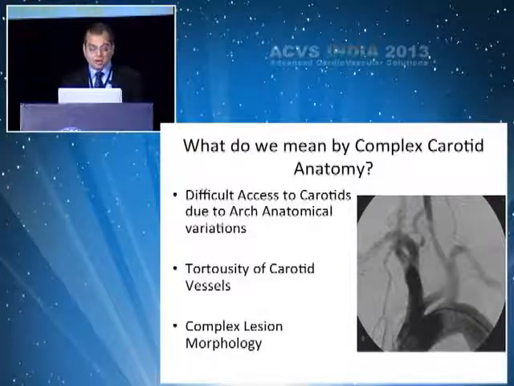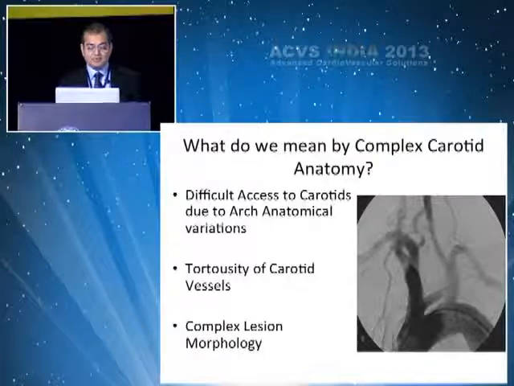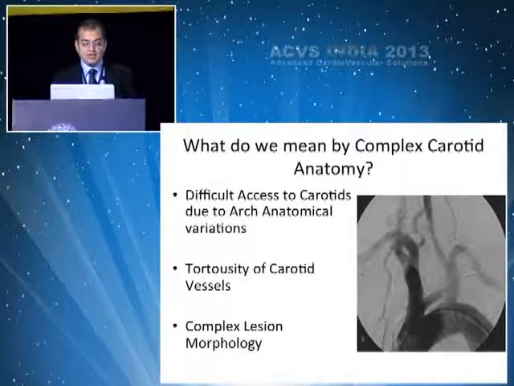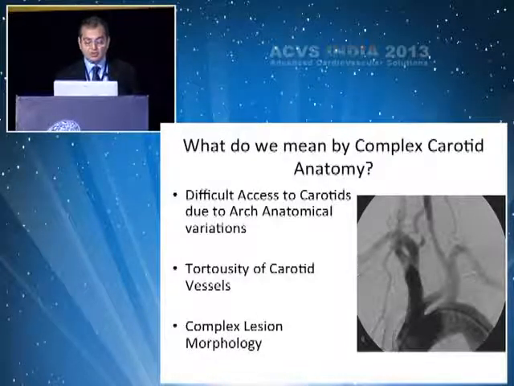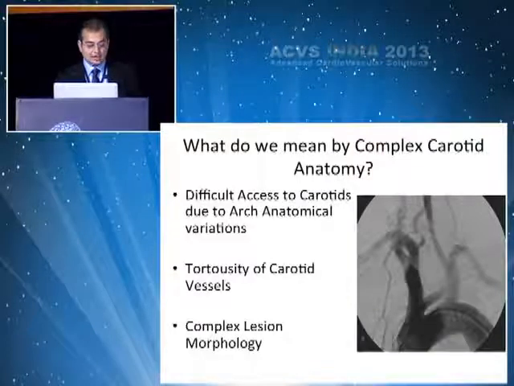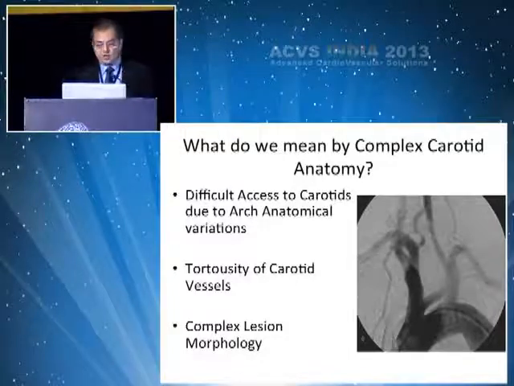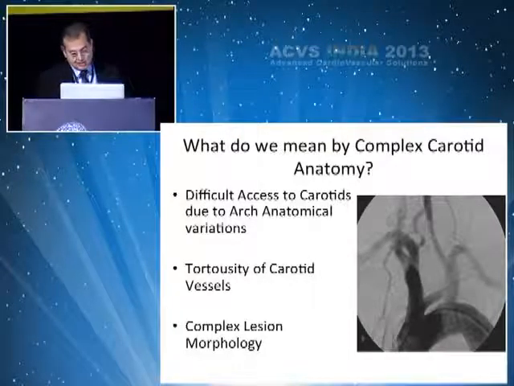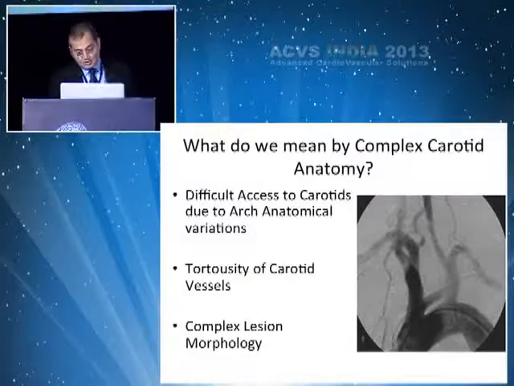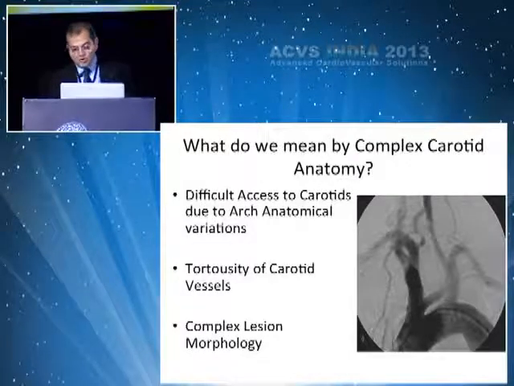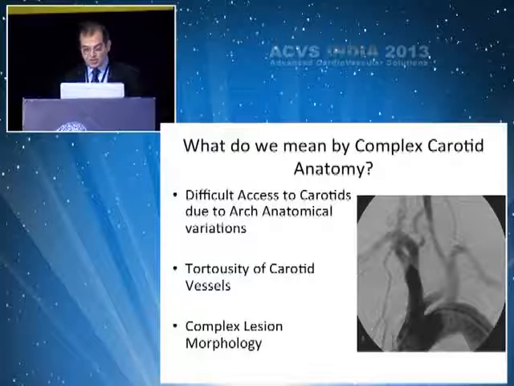So, in any complex carotid angioplasty, we have three kinds of complexities. One of them, of course, the most important, is the arch anatomy. The second is what kind of tortuosity you see in the access vessels, which can be the brachiocephalic trunk, the common carotid, and even beyond the lesion, which is usually situated at the bifurcation.